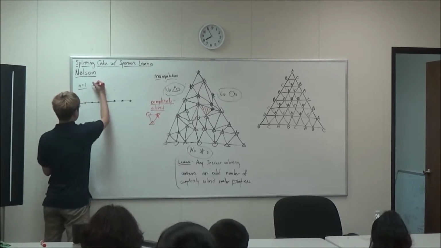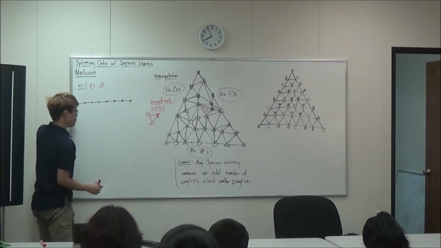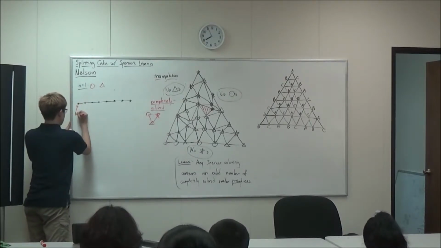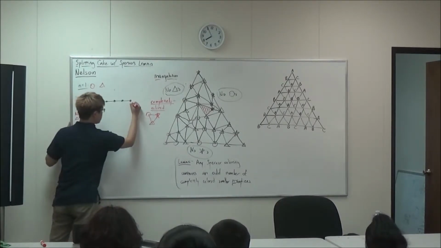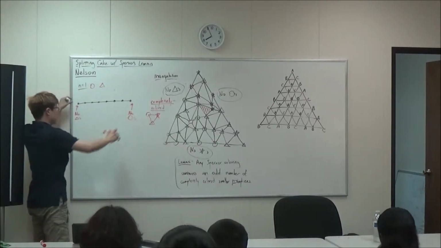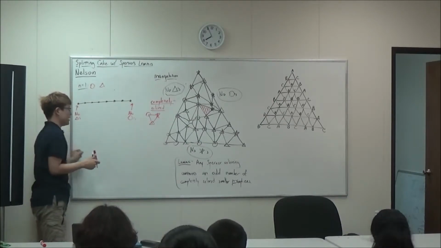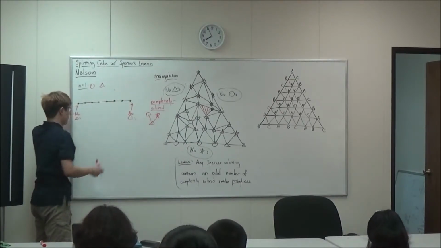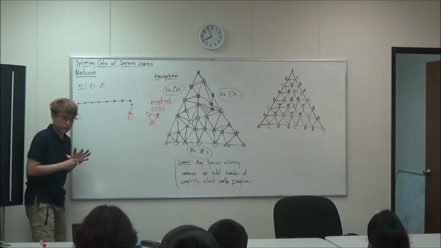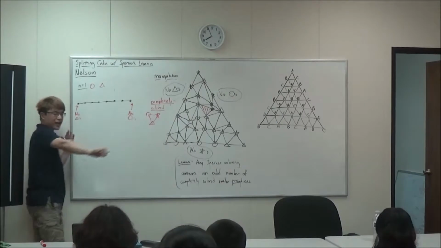Let's use the colors circle and triangle. We're going to forbid triangles here, and circles here. Because remember, for a line segment, its faces are just the two endpoints. So forbidding triangles from one face and forbidding circles from another face really just forbids them from the two endpoints, right?